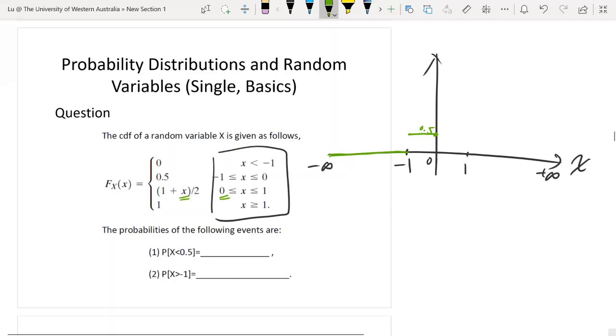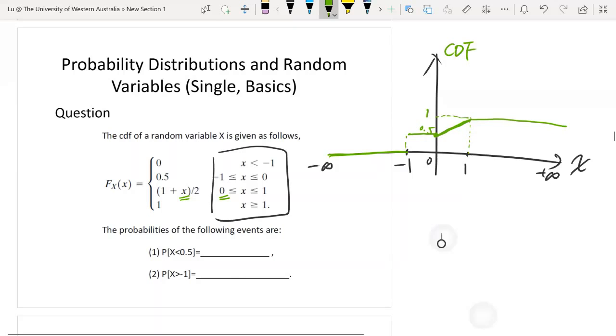So the end point here should be at 1. Between this start and the end points, we linearly increase the function value. In the very last segment, the function value remains at 1 constantly, like this. Okay, this is the CDF function curve for this random variable.